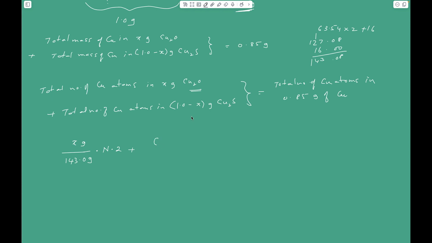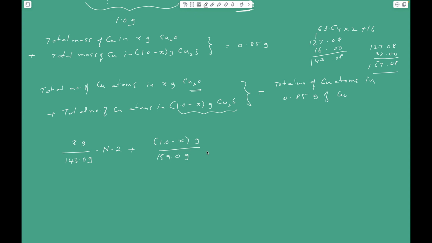Similarly here, what is the total number of moles of cuprous sulfide? It would be 127.08 plus 32. Is it 159.08? So divide the mass given by the formula weight of that substance in grams, 159.08 or approximately 159.0 grams.